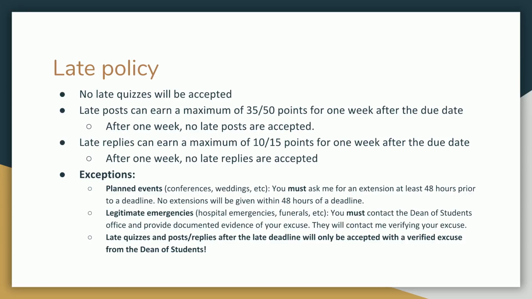Even for something like a conference, you need to tell me 48 hours ahead of time. If you arrange with me 48 hours ahead of time, then I can give you an extension and you can turn in your post afterwards. I can unlock the quiz for you to take the quiz later, but that's only for someone who makes an arrangement ahead of time, or in the case of a legitimate emergency.